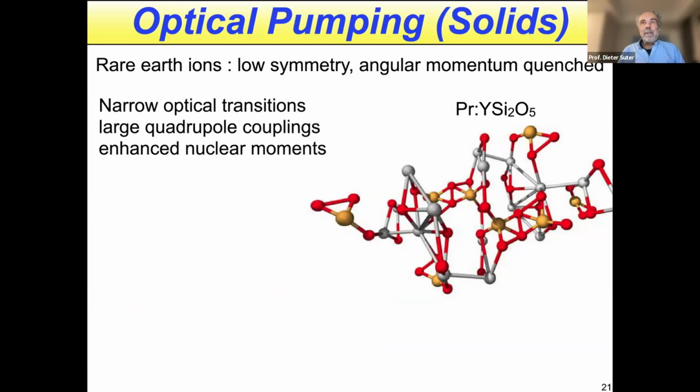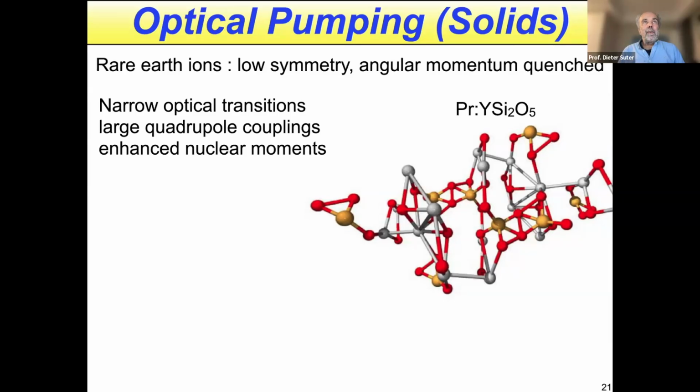That doesn't mean that you cannot use lasers to polarize your spins. In this case, we will be looking at the nuclear spins, but there are different mechanisms that you can use. In particular, in these systems, the optical transitions are relatively narrow. They can be in the kilohertz range.